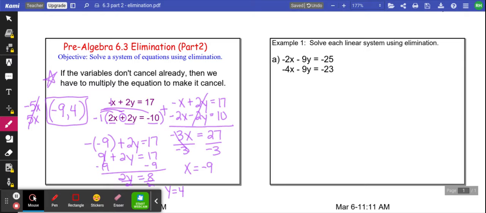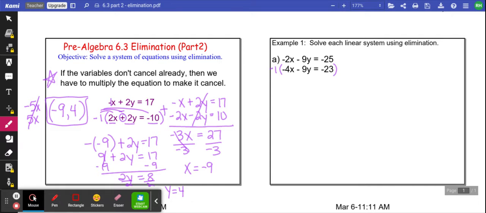So again, we're looking for something that would be easy for us to make them opposites. Okay. So my x's are negative 2 and negative 4. My y's are negative 9 and negative 9. So y's again are the same number, but one of them needs to be a positive to cancel. So to make that happen, I can multiply either one by negative 1.